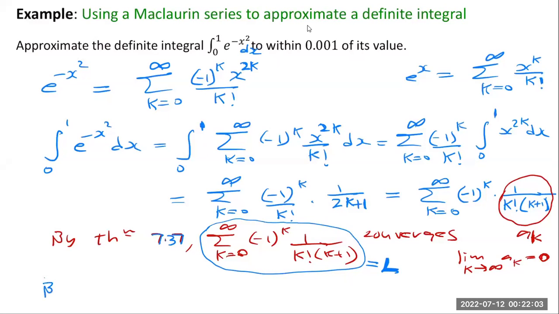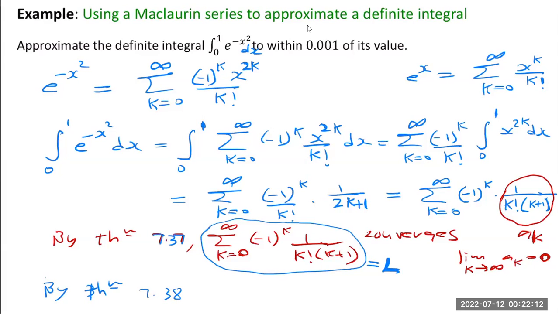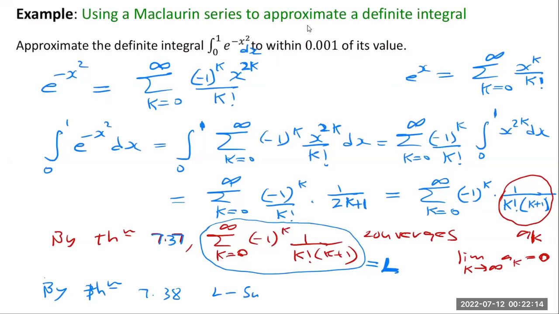And then by theorem 7.38, we have L minus Sn is less than An plus 1. Okay, L is this limit. L is this limit. What is Sn? Do you remember Sn? Sn is the partial sum, right?